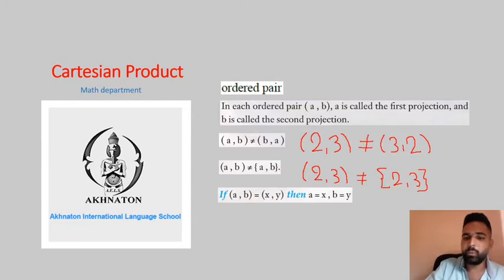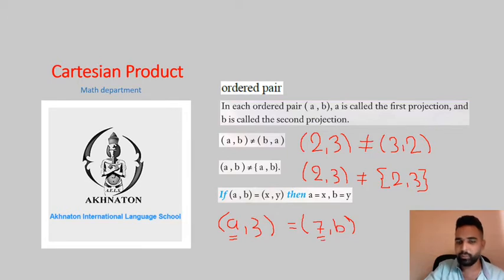If (A, B) equals (X, Y), then the first projection A equals the first projection X, and the second projection B equals the second projection Y. For example, if we have (A, 3) equal to (7, B), then the first projection A equals the first projection, which is 7.